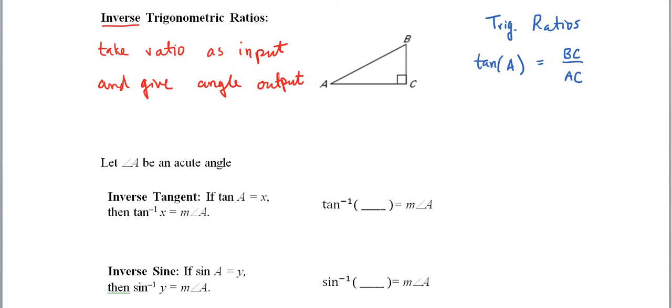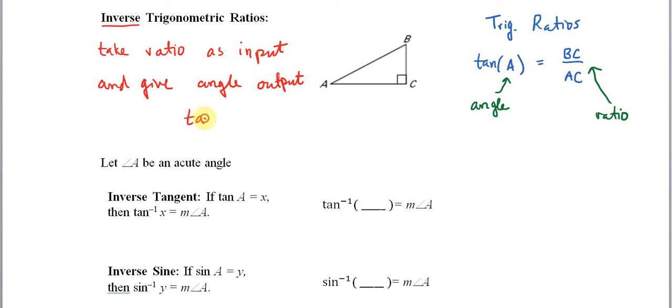Now, that's the equation. Now let's think about the meaning of this equation. This A right here is an angle. That's our input into the function. And this BC over AC here is a ratio, namely the ratio of the opposite leg and the adjacent leg of angle A.